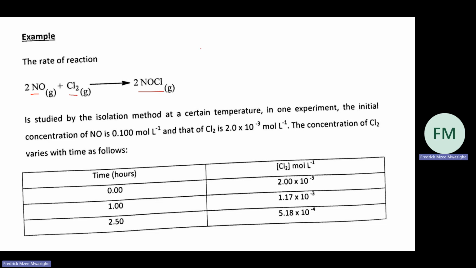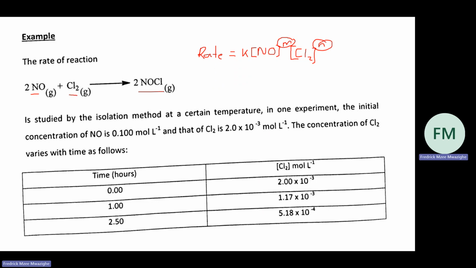If you are to generally write the rate law of this particular reaction, the rate would be given to us by the rate constant k times the concentration of NO to the power m, times the concentration of chlorine to power n. So the reason why we use this isolation method is we want to find the value of m and the value of n, to find the order of the reaction with respect to each reactant.